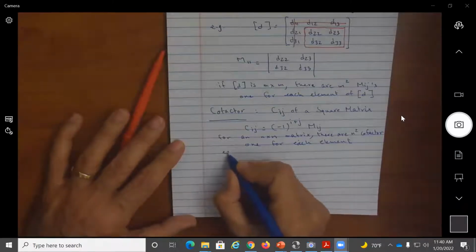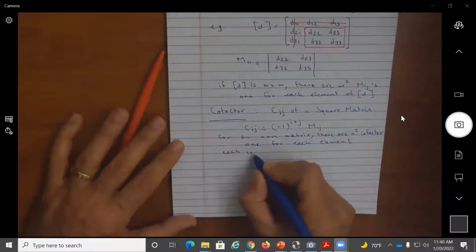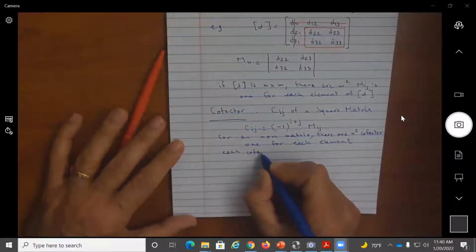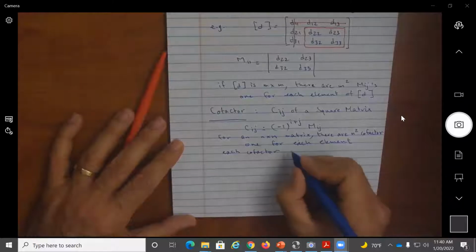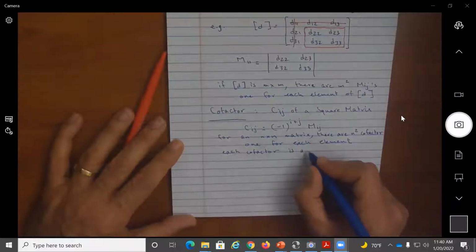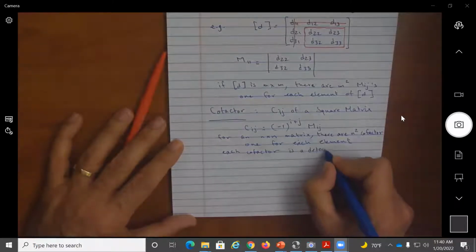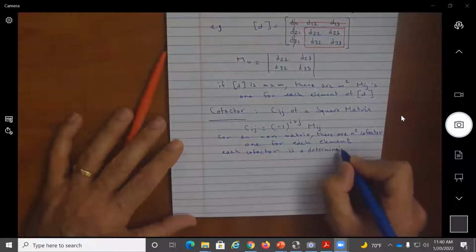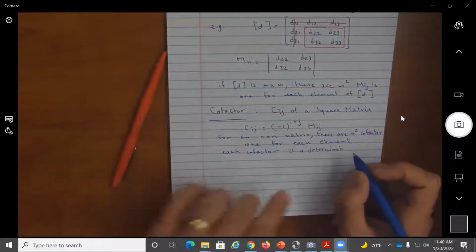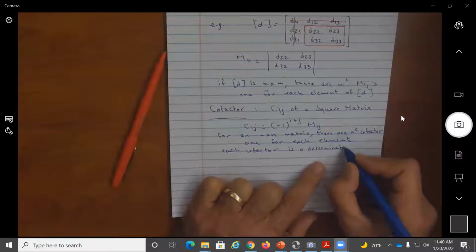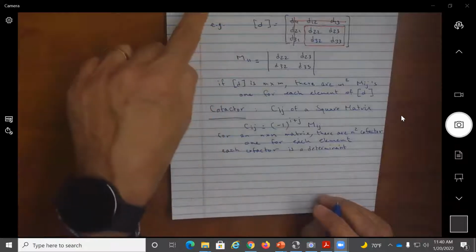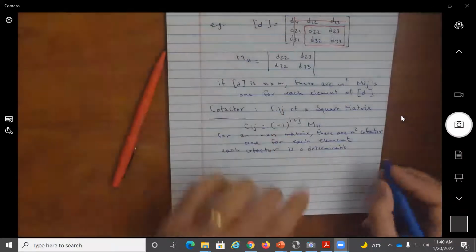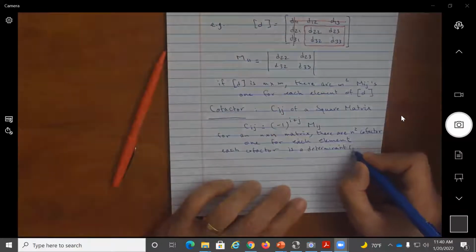Each cofactor is a determinant of the minor, which is n-1 by n-1.